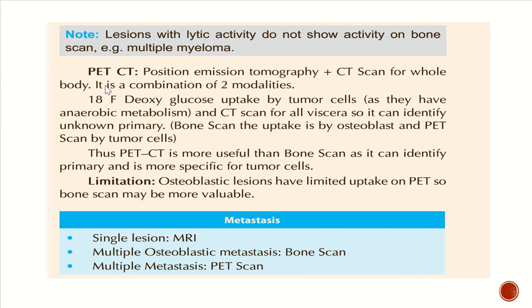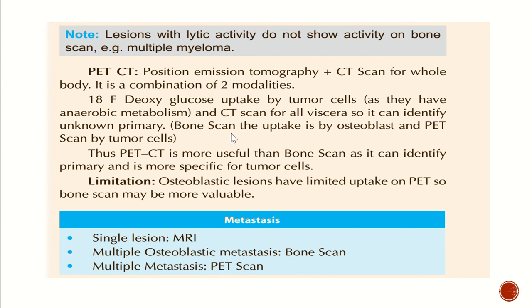Next we have PET-CT, meaning positron emission tomography plus CT scan for the whole body. This is a combination of two modalities. 18F-deoxyglucose is taken up by tumor cells as they have anaerobic metabolism, and CT scan covers all viscera, so it can identify an unknown primary.